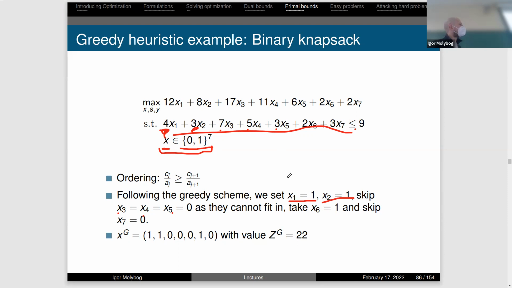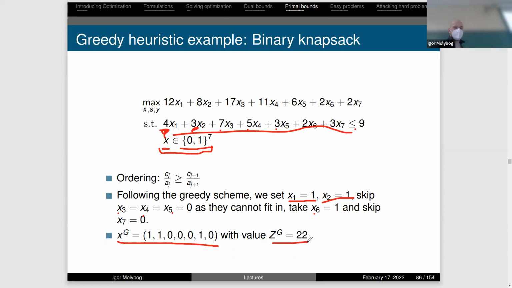These objects cannot fit in. Therefore, we are picking up object number 6 and skip object number 7 because our backpack is already at full capacity.